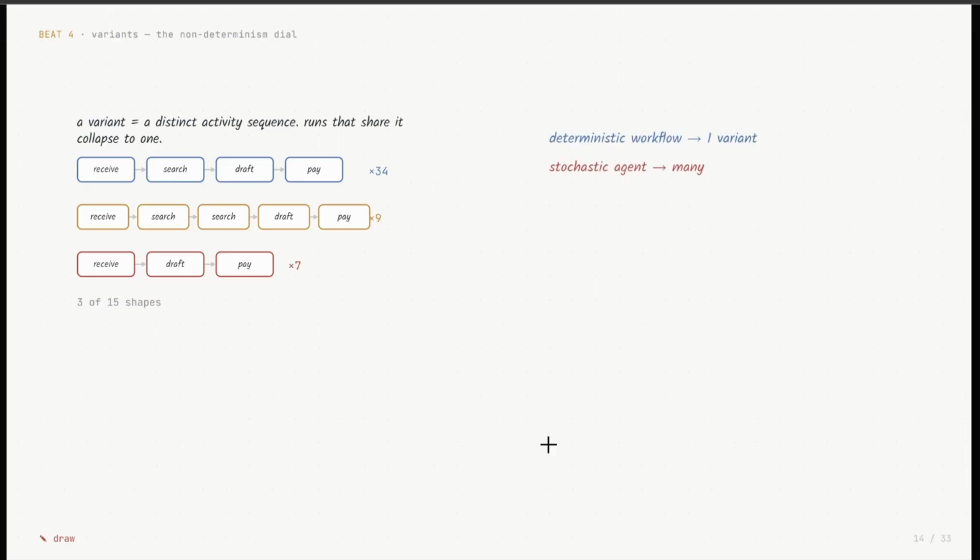So for example, if you have a deterministic workflow, a sequence of events where it's very clear which sequence will appear in your logs, those will collapse into one variant. The issue is that our agents by nature are stochastic. So there is a spread of non-determinism.